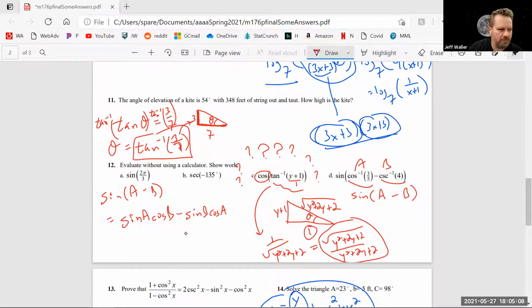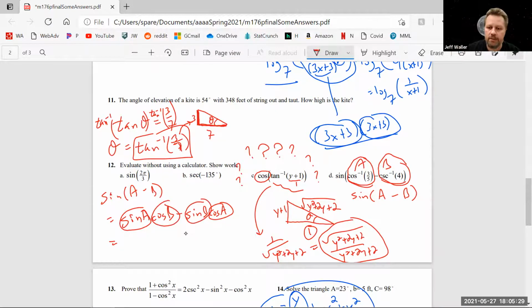How's this going to help us though? Well, now I know that if I draw this triangle, I'll be able to do this and this. And if I draw this triangle, I'll be able to do this and this. And then I can just throw all that in the right place. That's the part you guys still don't trust.